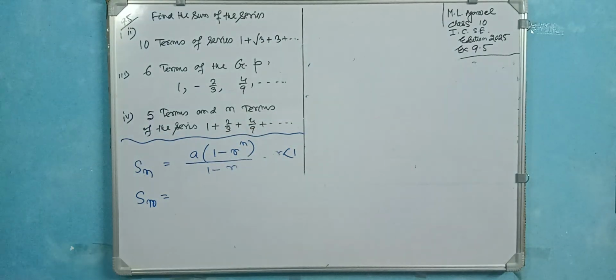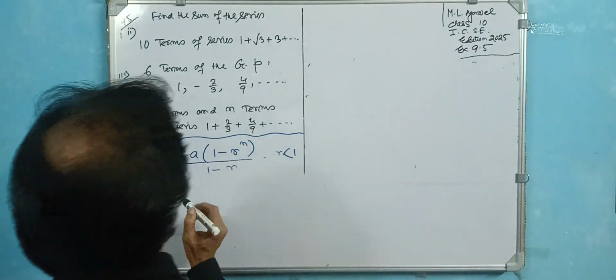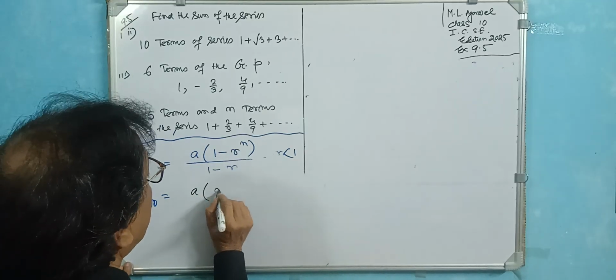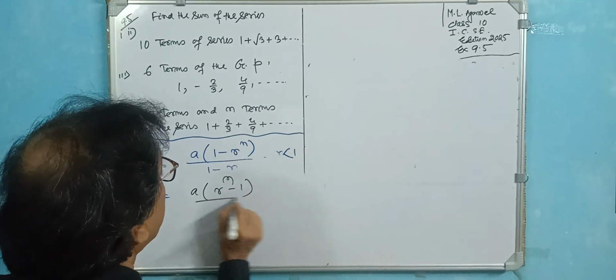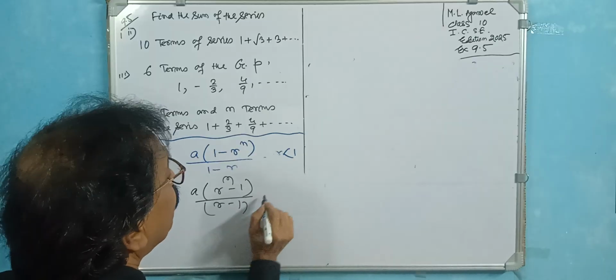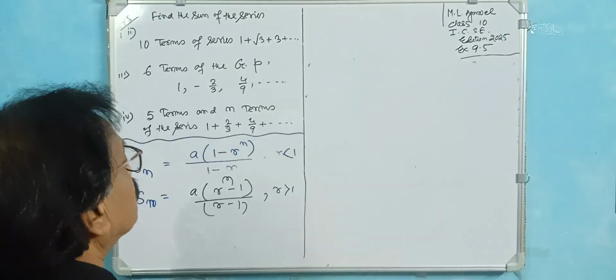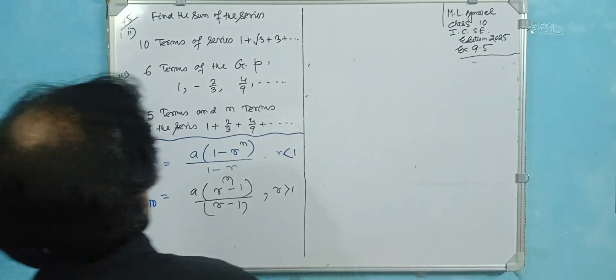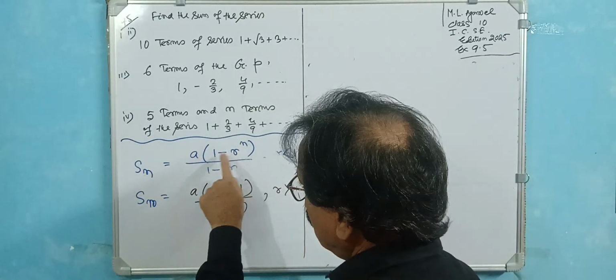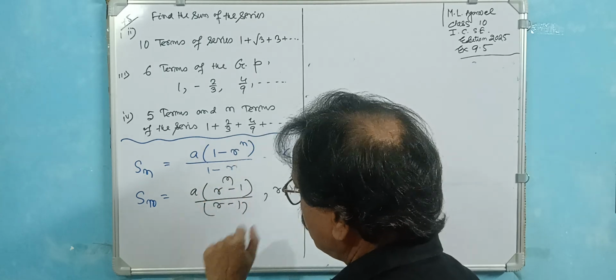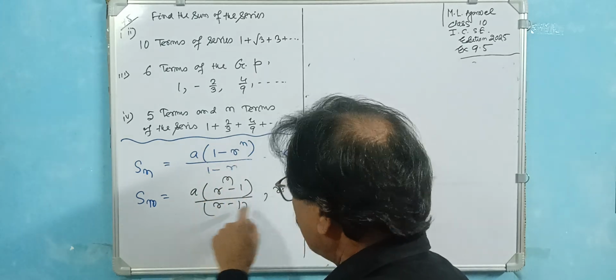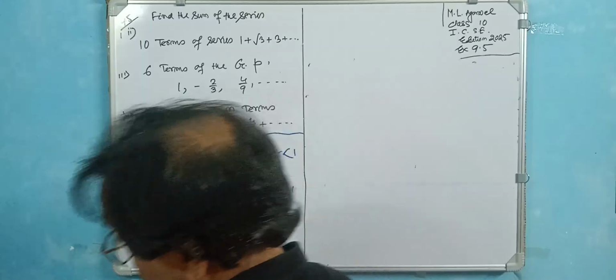Now these two formulas are there. You just remember: Sn is equal to a times (r to the power n minus 1) by (r minus 1) when r is greater than 1. This is very important. This is just the reverse: (1 minus r to the power n) by (1 minus r), when r is less than 1 and the other is greater.